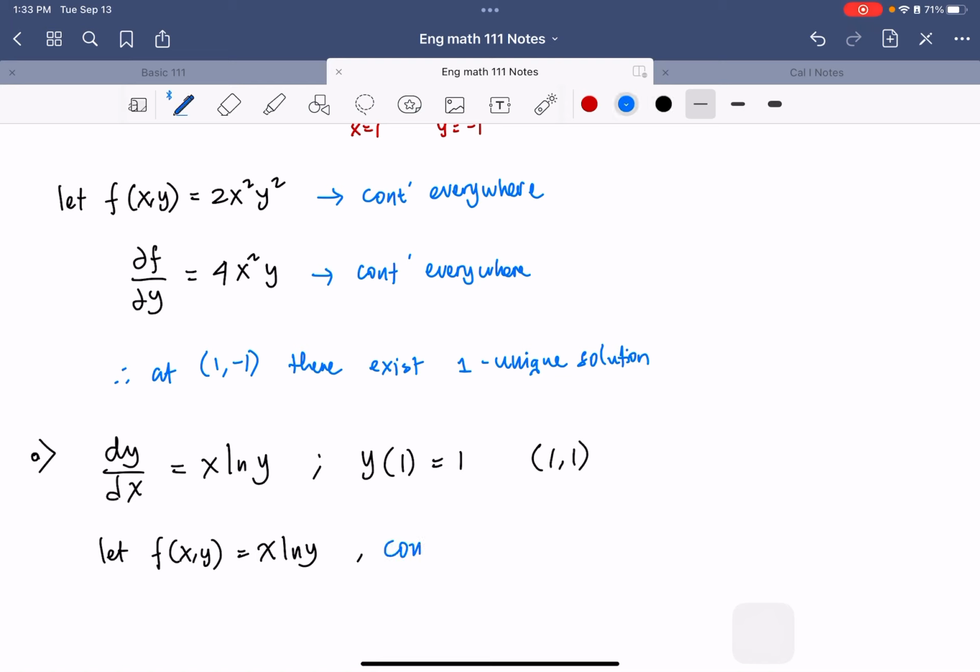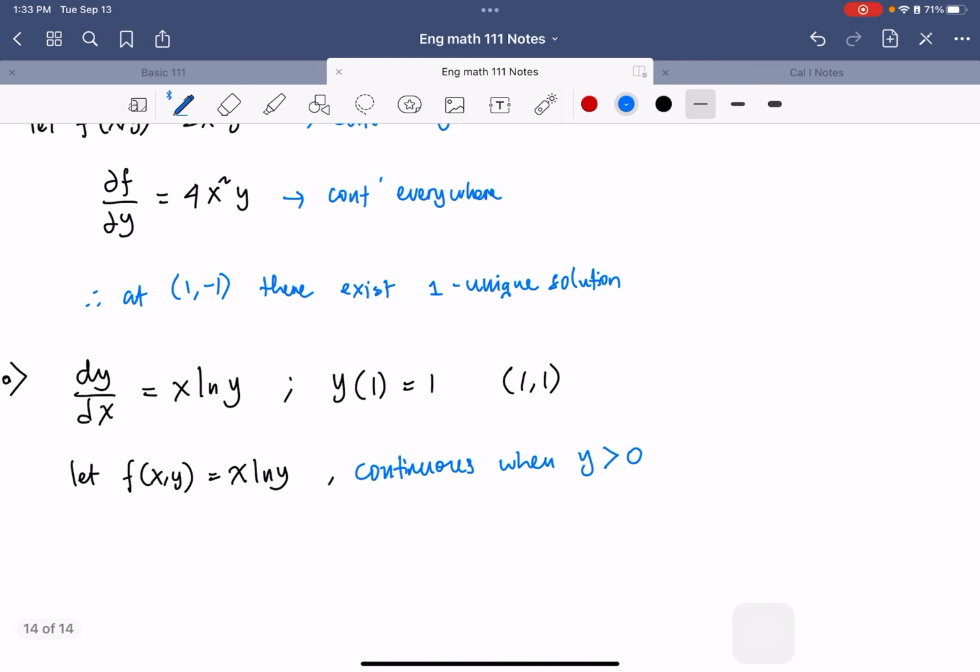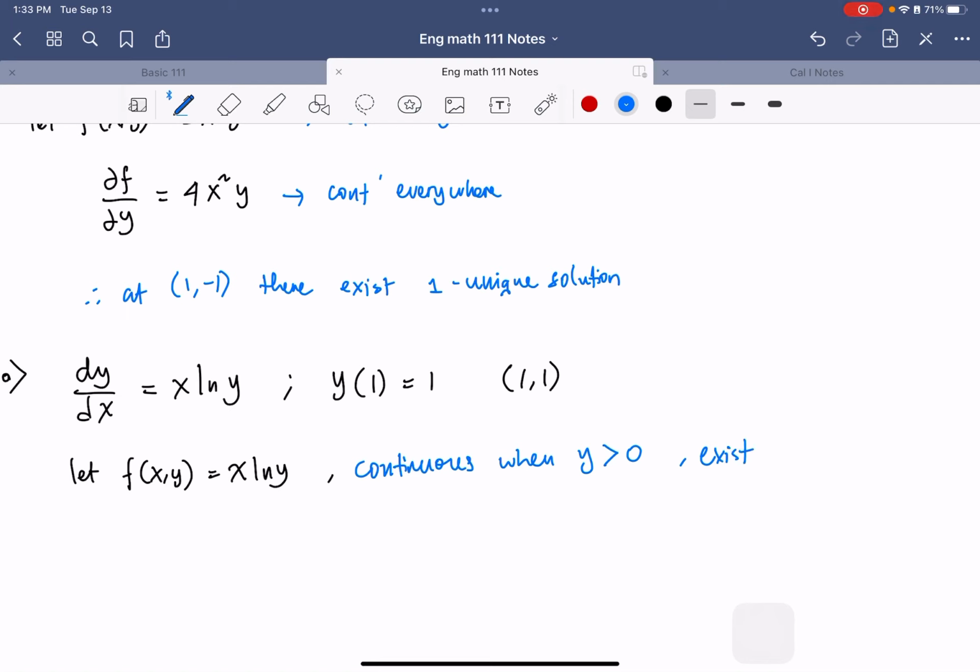It will be continuous when y is positive, right? So the interval of existence, so it exists if y is greater than 0. And then try to find the partial. And we got this is x over y.